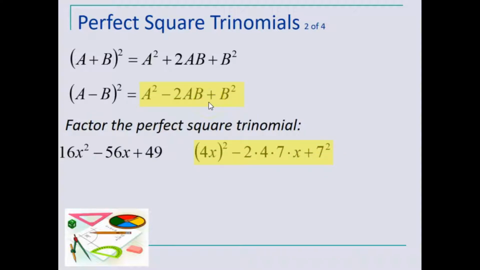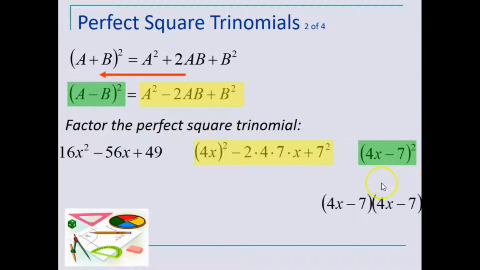It followed the pattern that we just went through, and to factor it we go in the opposite direction of our multiplying, to give us the square root of the first term being 4x and the square root of the second term being 7, having the minus or the difference between these two. And recognizing again, a quantity squared is that quantity times itself.